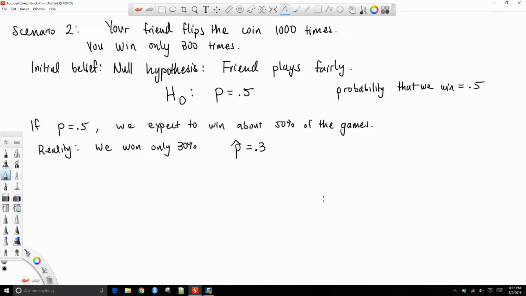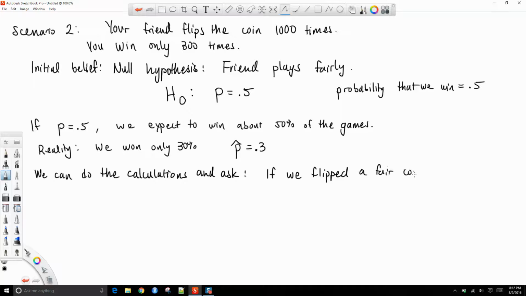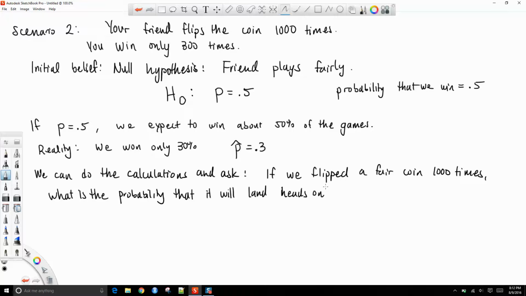So the reality is we won only 30% of the games, and we can do the calculations and ask, if we flipped a fair coin 1,000 times, what is the probability that it will land heads only 300 times or fewer?